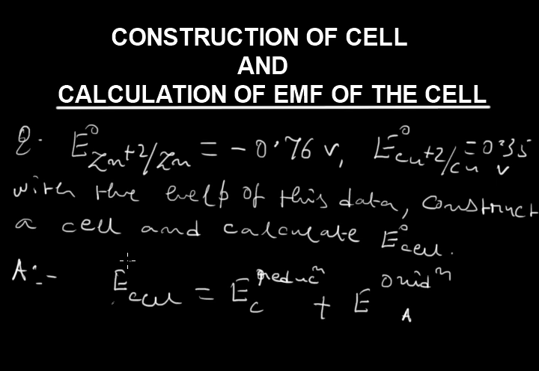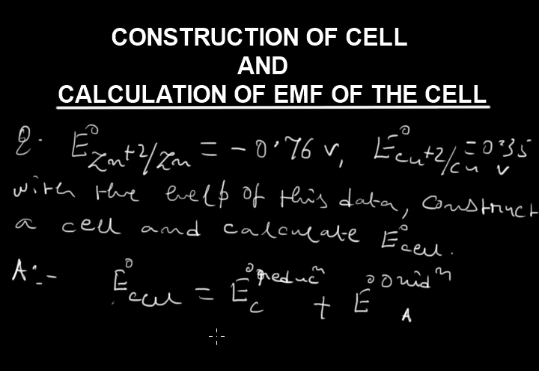Now when the concentration of the ion is 1 molar, the EMF is represented by E0 cell, that is standard EMF of the cell, and in this condition we write E0 cathode reduction plus E0 anode oxidation.